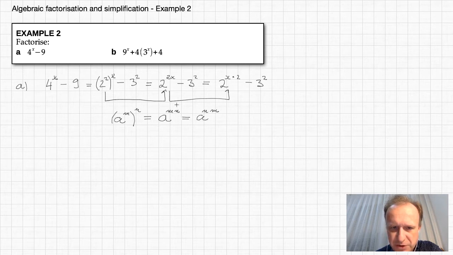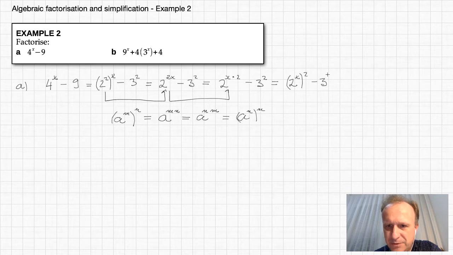So I changed the order in this product. And the final step is to say that this must be equal to a to the power of n all to the power of m. So here this equals 2 to the power of x all to the power of 2 minus 3 to the power of 2.